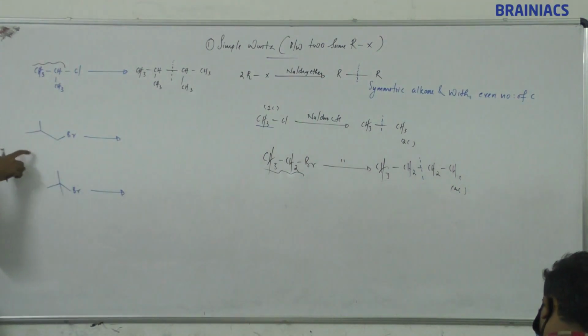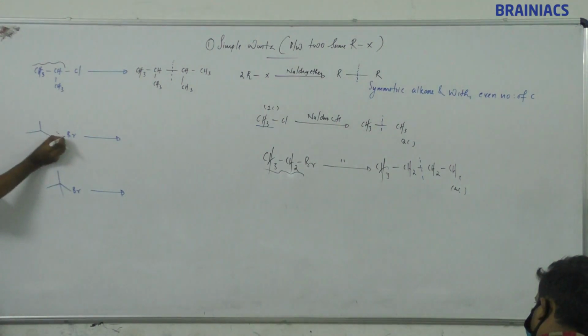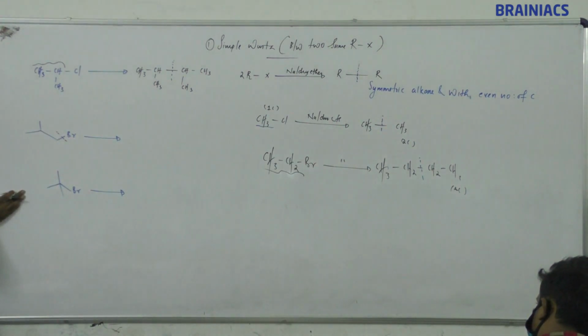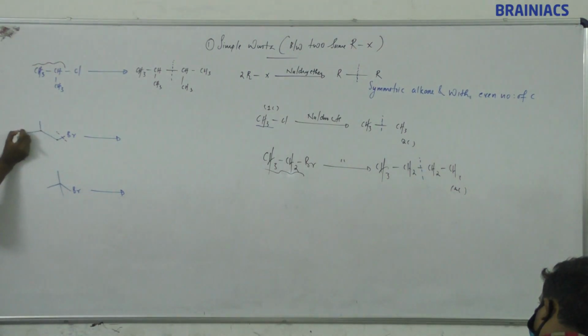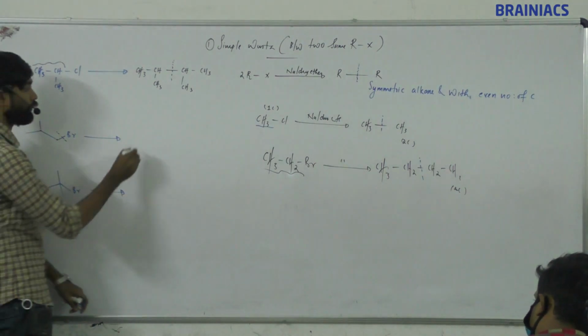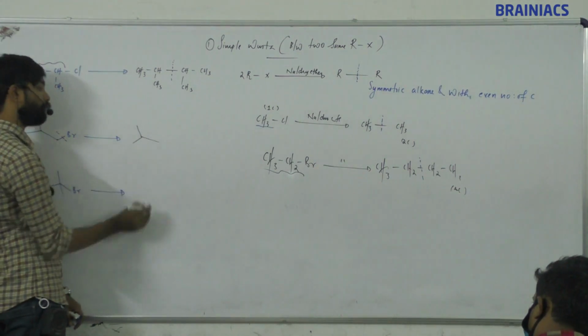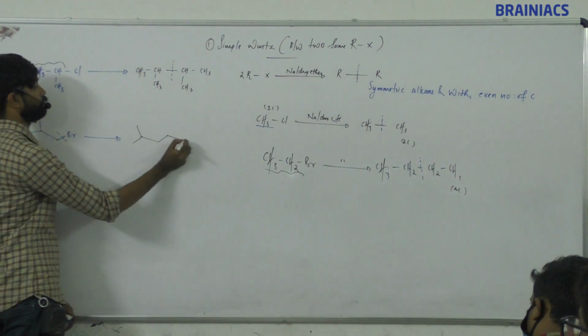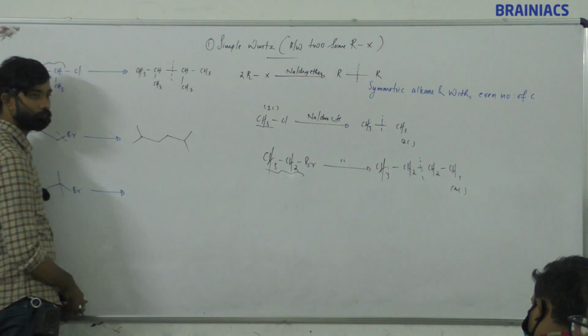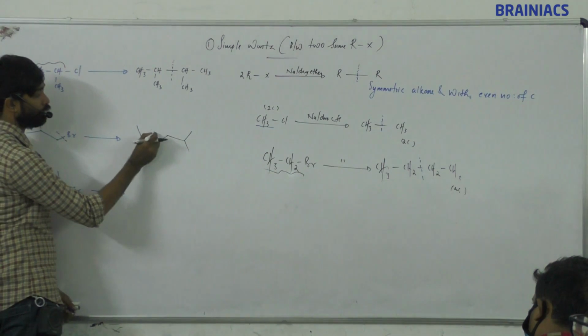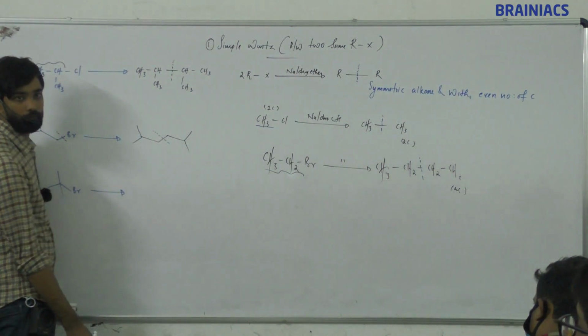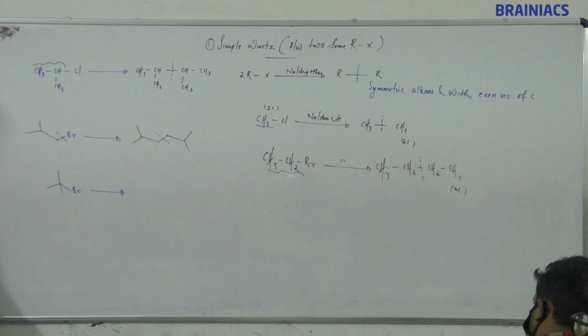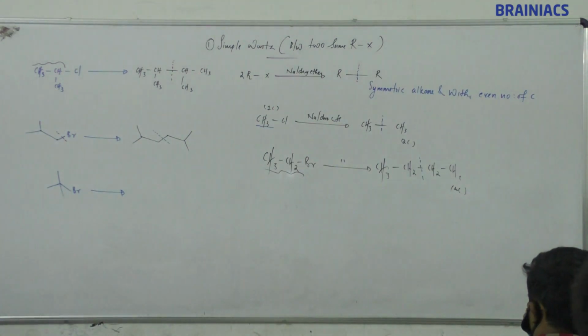What about this one? Listen. Which one is the alkyl group? This is the alkyl group, right? CH2, CH, CH3, CH3. Isobutyl is the alkyl group. So the alkane will be a symmetric one.